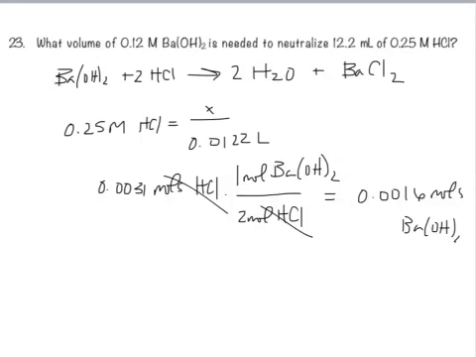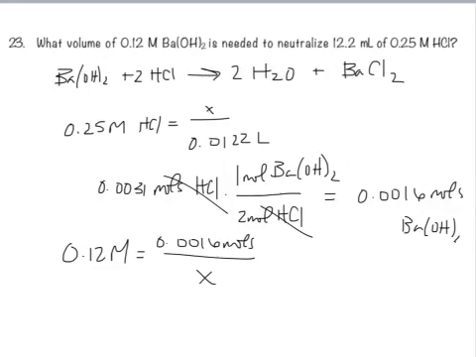Now I'm going to substitute this into the formula. This time it's asking for the volume, so this one's a little different. I was given the molarity, so 0.12 molar barium hydroxide. Now I know the moles is 0.0016 moles, and now I'm solving for the volume. That's going to be the denominator.